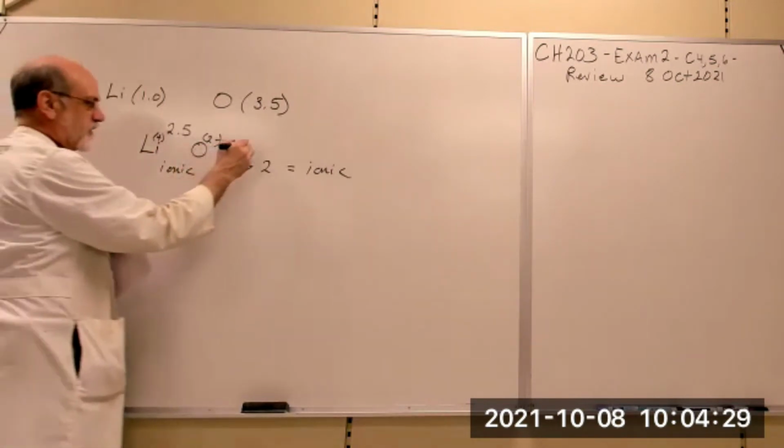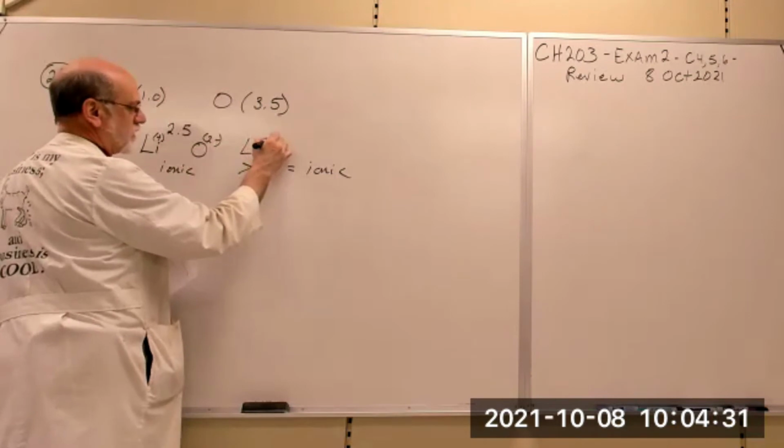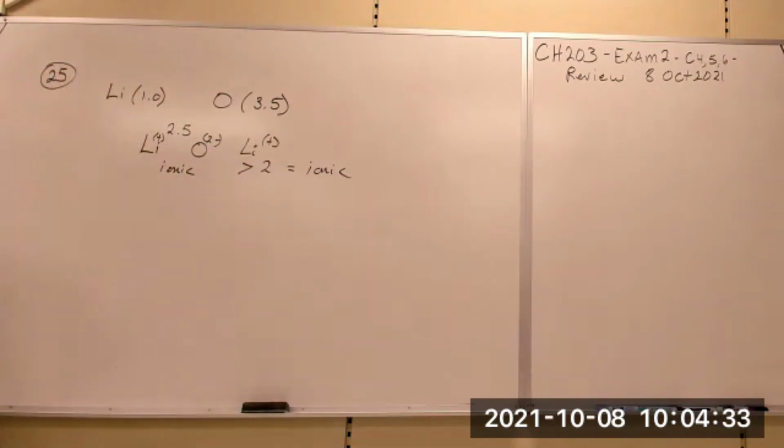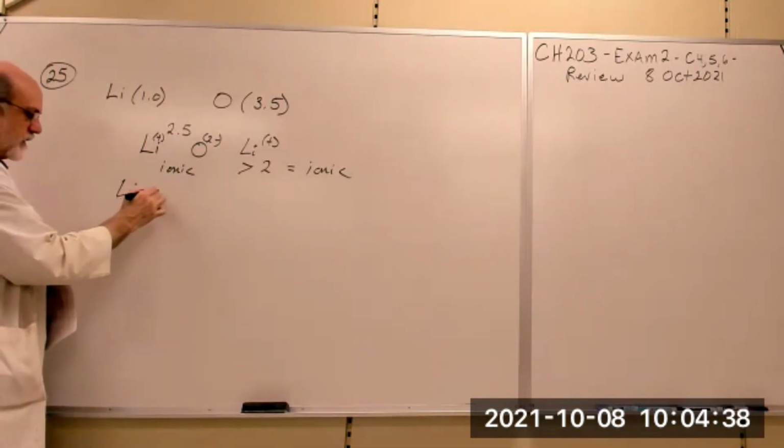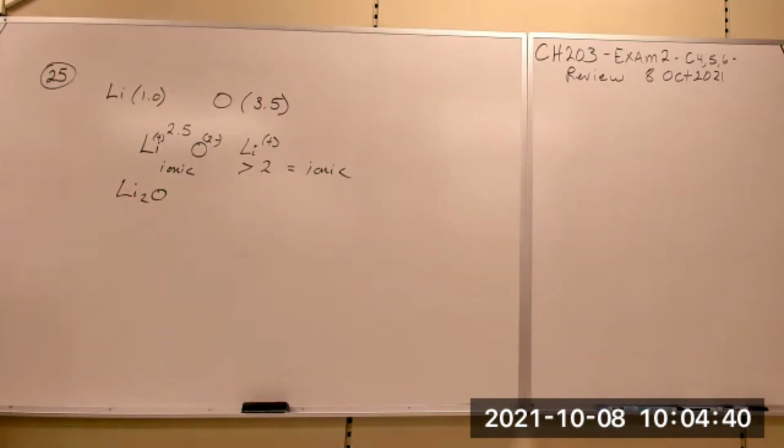So there has to be another lithium over here to balance the charge. If you're going to write the complete formula, you would have 2 lithiums and 1 oxygen. But that is ionic. And that's how we tell it's ionic, is the difference in electronegativities.